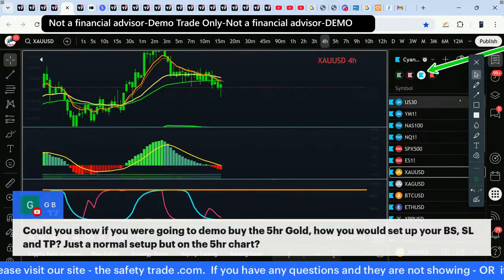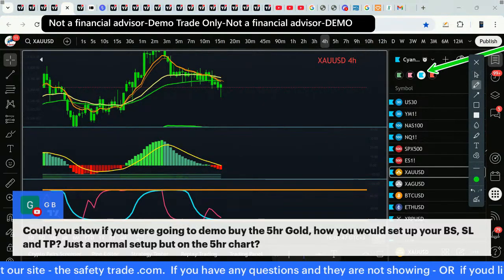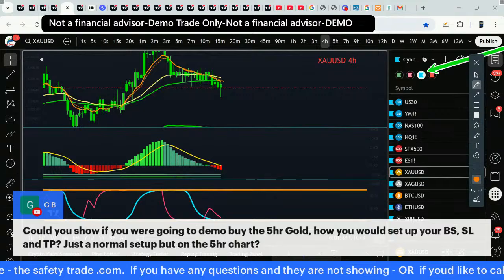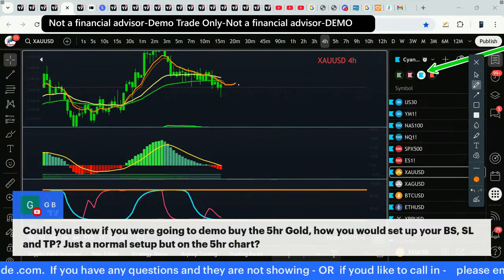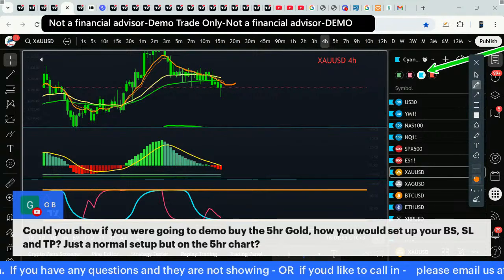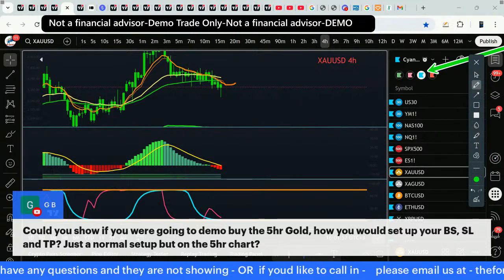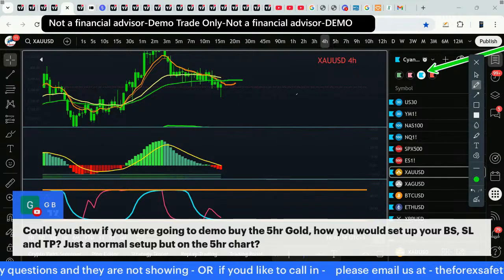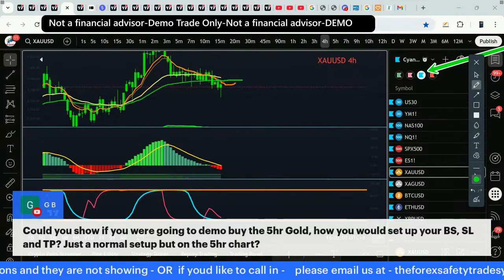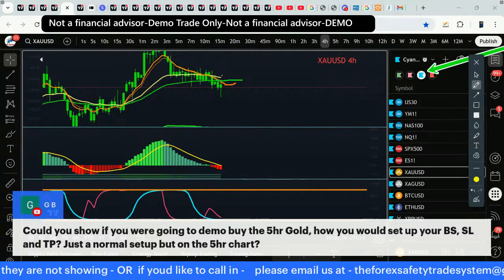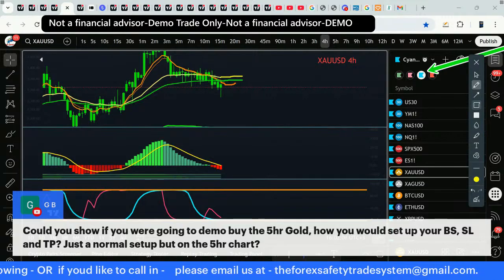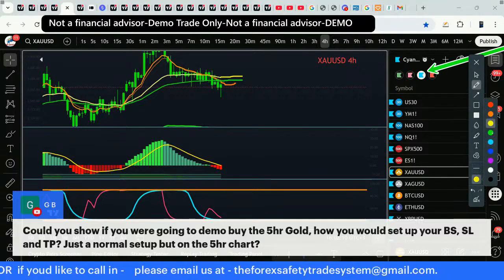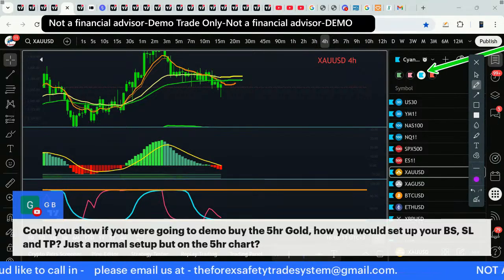Now, if I'm going to do it without that, then this is how I would enter the trade. I would wait for the orange line to go below both my green line right here and my yellow line. Once I see this exact setup like this, I will enter the trade off of my orange line.